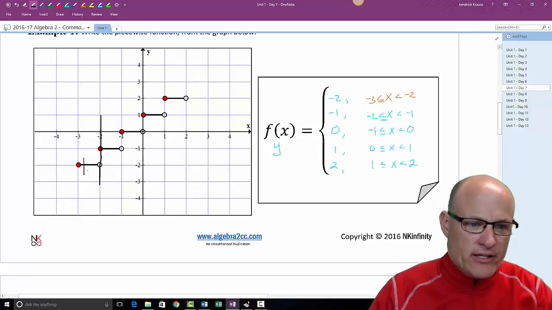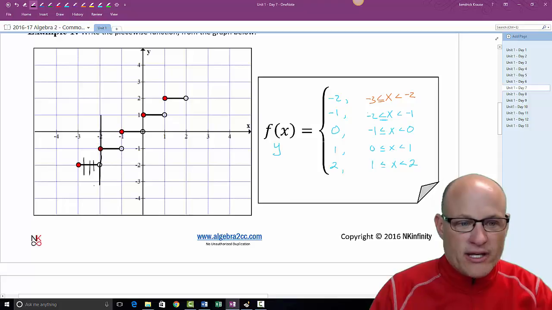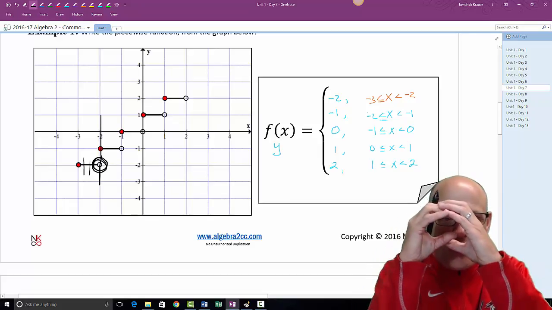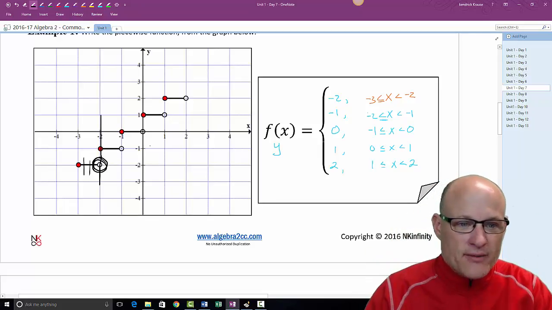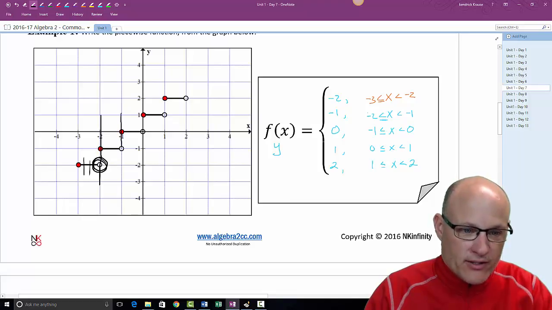If I draw it in here, or here, or here, it's not hitting more than 1 point. Did I draw it and hit more than 1 point here? No, because remember, this is not a point. It's like a little tiny hole that the vertical line is going through. Again, that vertical line is going through only 1 point right there. It does not go through there.